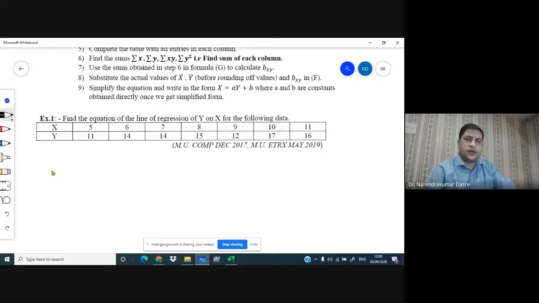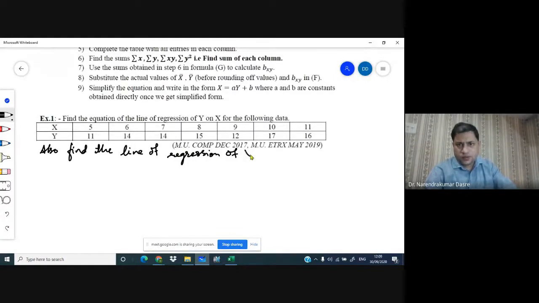So we have an example here. Find the equation of line of regression y on x. So please be careful. What we want to find out is y on x for the following data. I'll extend this question as: also find the line of regression of x on y.